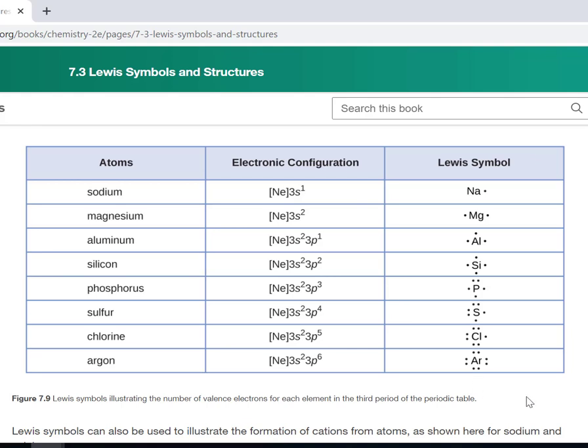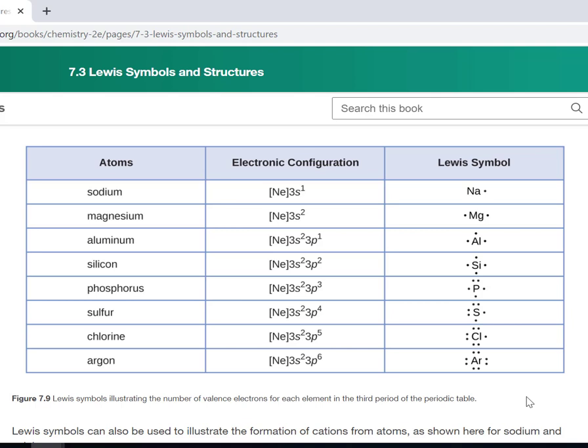Again, it doesn't matter left, right, top, bottom, where you have whatever the notation is. The main thing is that you have the number of dots be the same as the number of valence electrons, and that you don't start pairing dots up until you have a single dot on each side.